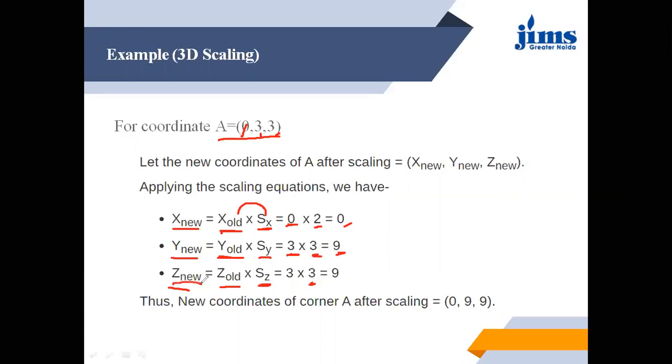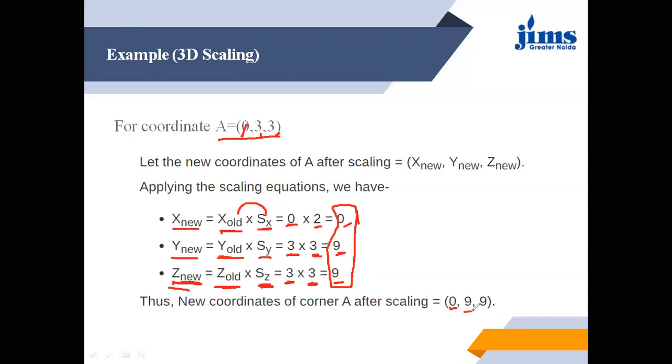The coordinate of point A on the z axis is z old multiplied by the scaling factor on the z axis. The original value, that is the old value, was 3. The scaling factor on the z axis is 3. So it will be 9. So the final values of x, y, z are 0, 9 and 9.